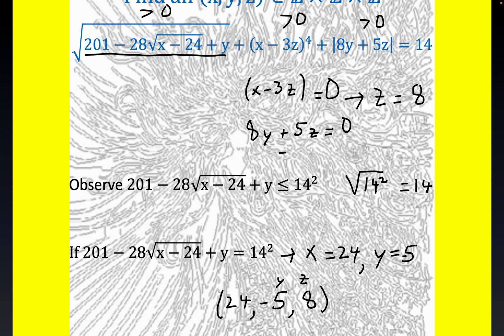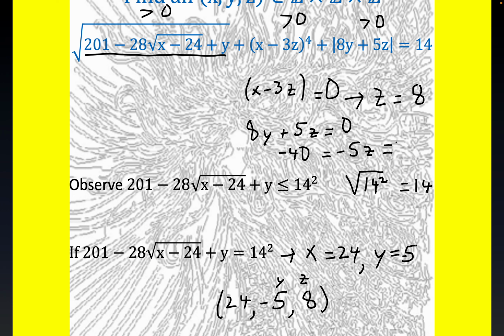So you would have minus 40 plus, again, I'm using y equal to negative 5, so we'd have negative 40 plus 5z, or negative 40 is equal to minus 5z. We'll just write it that way. And again, that implies that z has to equal 8.